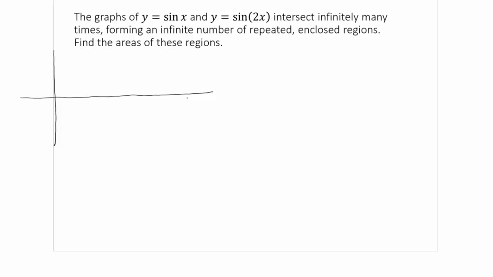I remember the basic shape for sine x. I know that sine x has period of 2 pi. Let me graph this in blue. Y equals sine x is in blue. And I know its amplitude is 1. Period is 2 pi. And so I'm just sort of forming some points here.